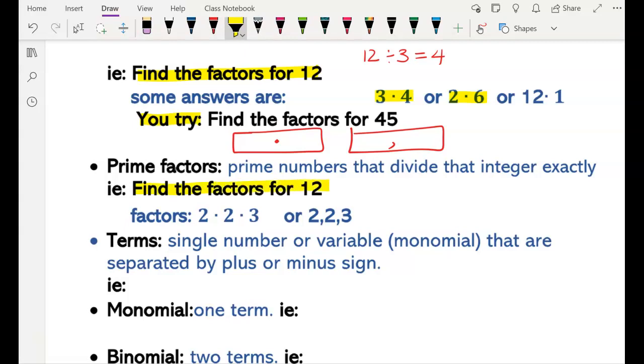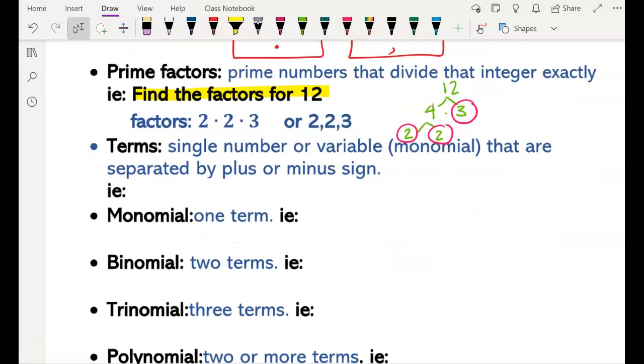Find the prime factors for 12. 12 is really 4 times 3. 3 is a prime number, so we can circle that, but 4 is not a prime number. So we go further. 4 is 2 times 2. 2 is a prime number, so the prime factors for 12 would be 2 times 2 times 3.